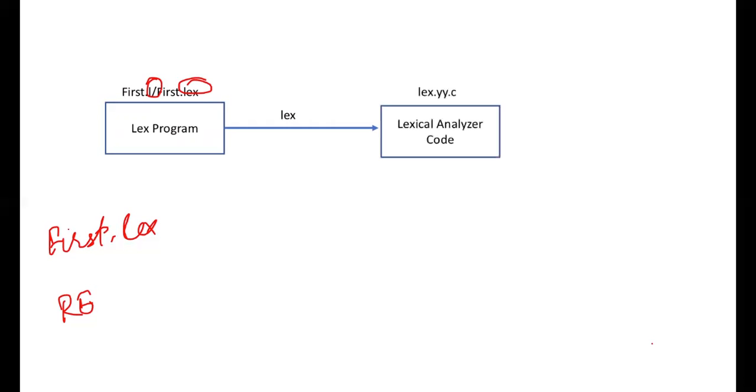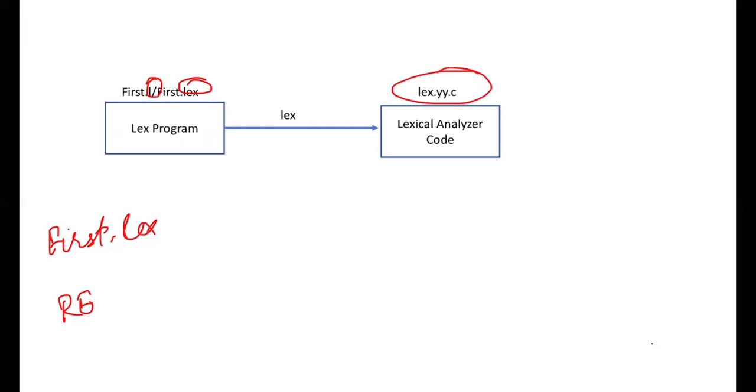Next, we run the Lex utility on this Lex program. And then what we get is the lexical analyzer code. This is kept by default in a file called lex.yy.c.